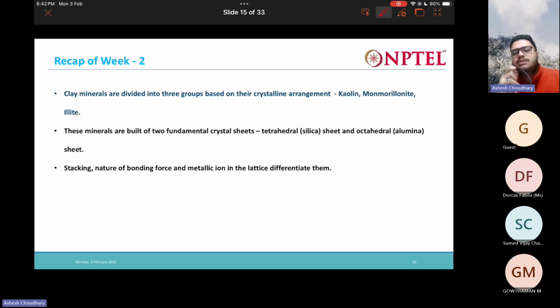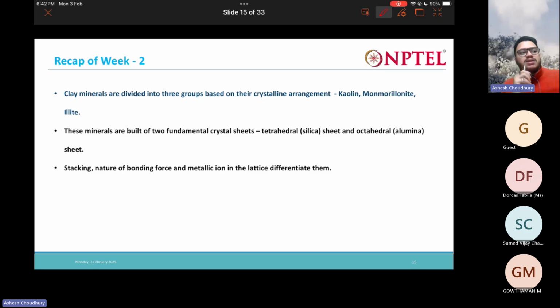I think kaolin, montmorillonite, and illite form the majority of the clay minerals. That's why most of us focus on these only. We consider these the basic three constituting clay minerals. There can be other clay minerals also, based upon the chemical composition, but those will be very specific cases.